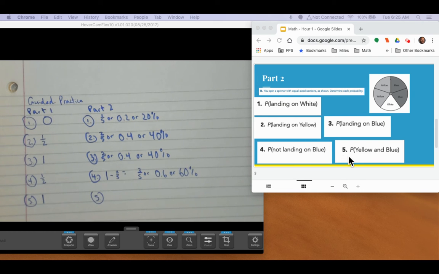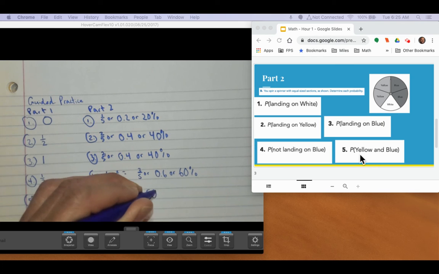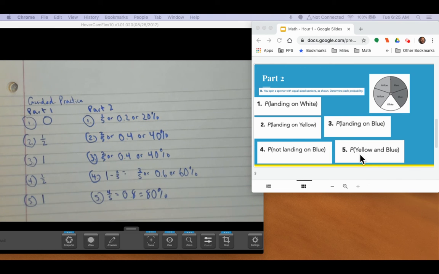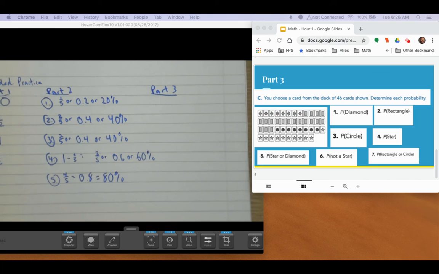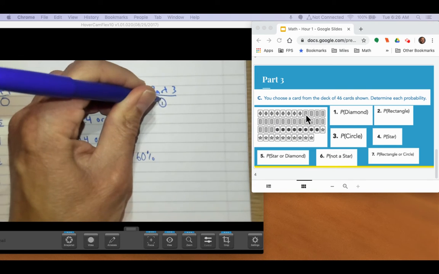Five, the probability of landing on yellow and blue would be 4/5, which is the same as 8/10, which is the same as 80%. One more part left to go. All right. Part 3 is the same as the others prior to it.